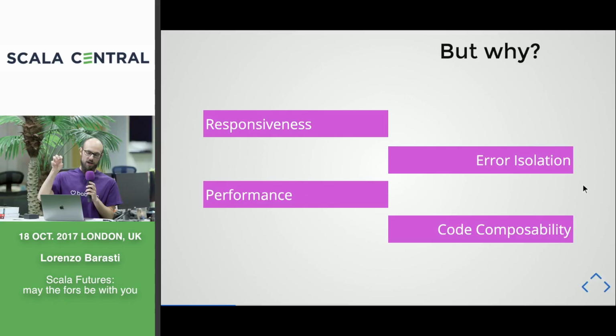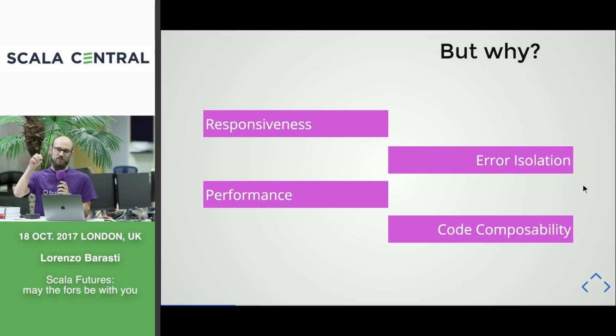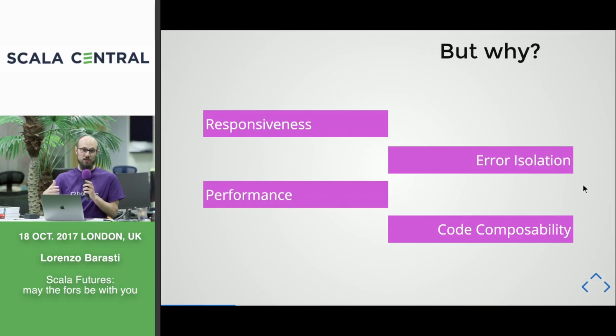I also like futures quite a lot because they allow you to isolate errors in your application and deal with them in a very controlled fashion. And we're going to see some of that in a few slides. It's definitely something you use for performance. You want to fully utilize the power of your cores, and you know that you can't just stay on the main thread in order to do that.